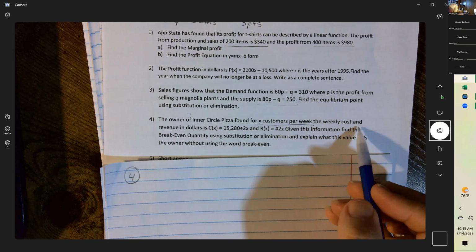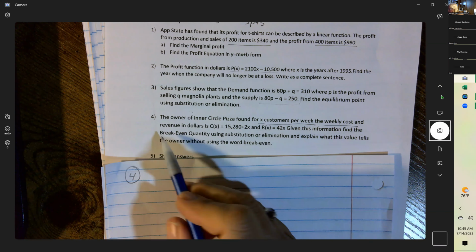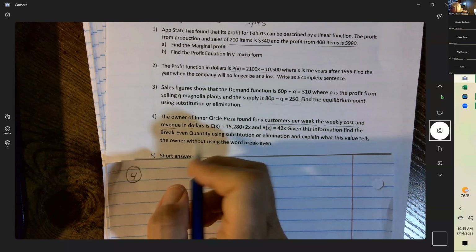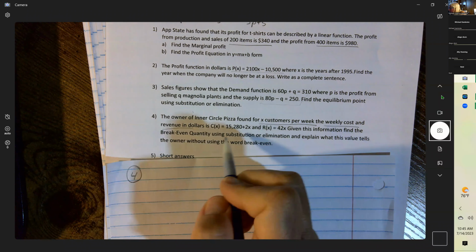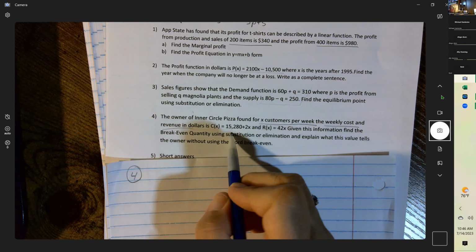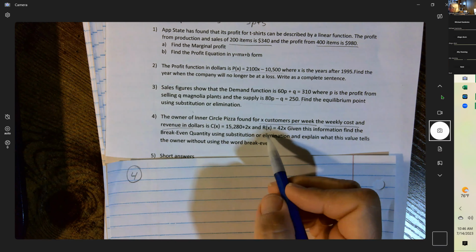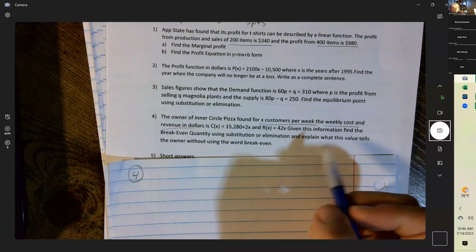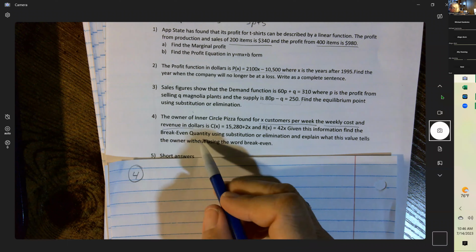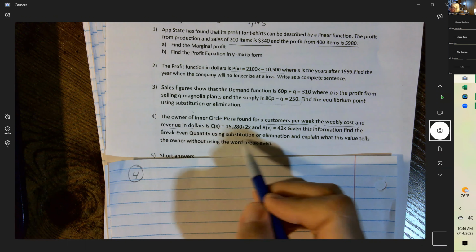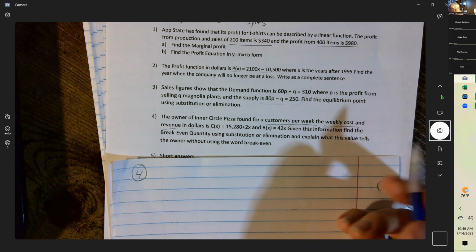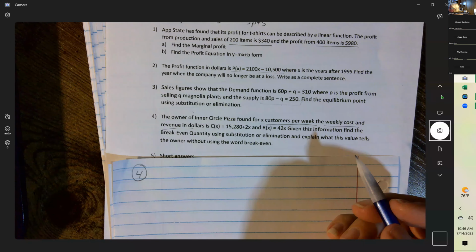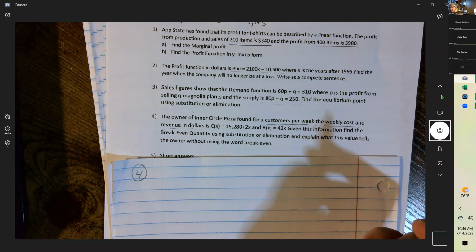The weekly cost and revenue are given by the 2 functions. C of X equals 15,280 plus 2X, revenue is 42X. Given this information, find the break-even quantity using substitution or elimination and explain what this value tells the owner without using the word break even.